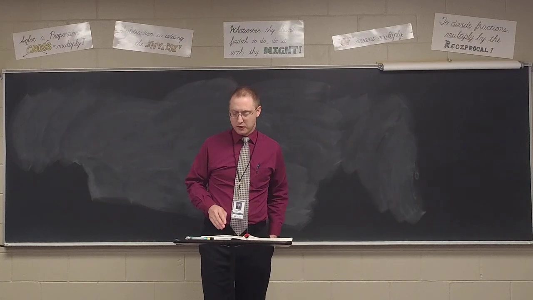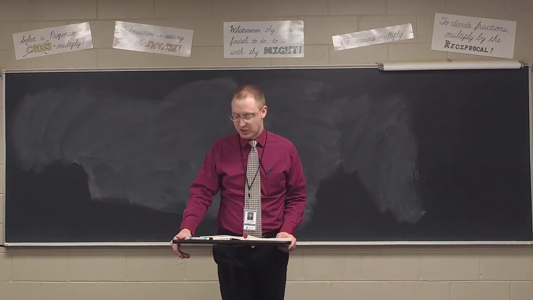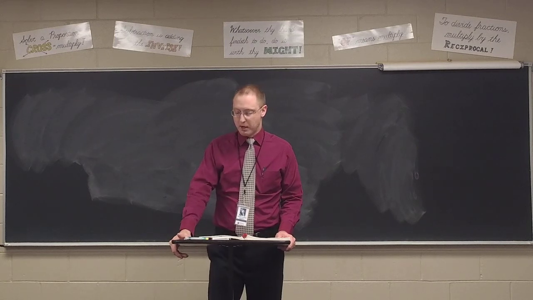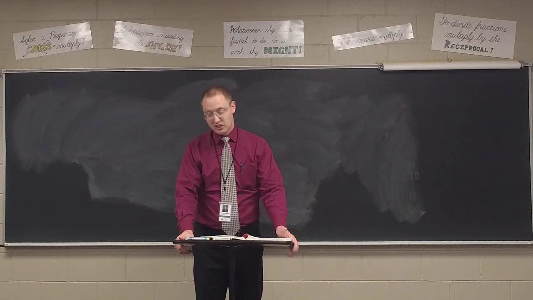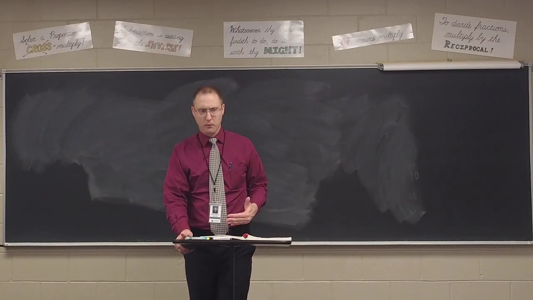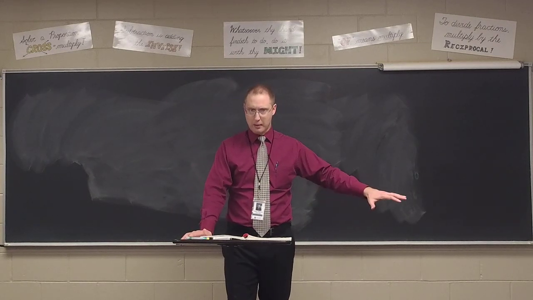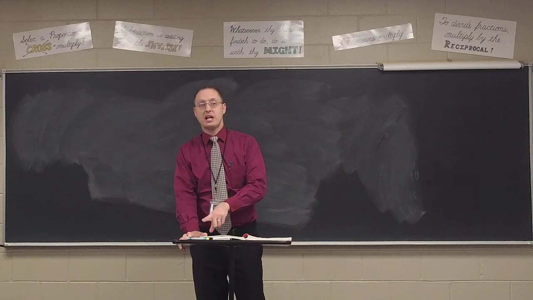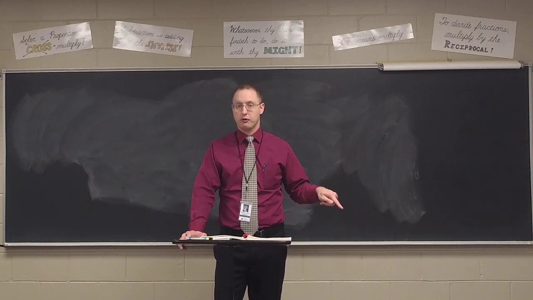Look across the page if you would. There's a picture of this. You've got the larger pentagon, A, B, C, D, E, and the smaller pentagon, A prime, B prime, C prime, D prime, E prime. And the idea here is you could, from a single vertex, E and E prime, draw your diagonals. Well, first of all, if the polygons are similar, they must have the same number of sides. We've already established that. If they have the same number of sides, then they will have the same number of diagonals drawable from a vertex.